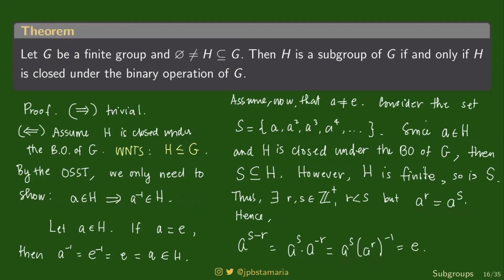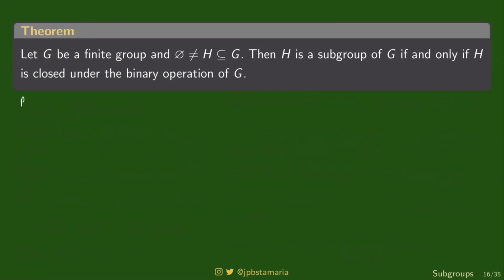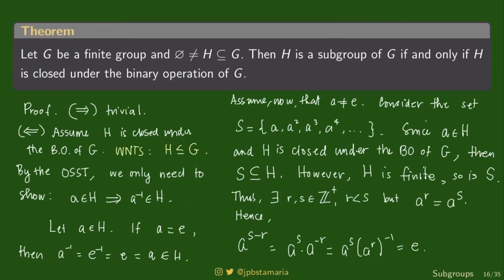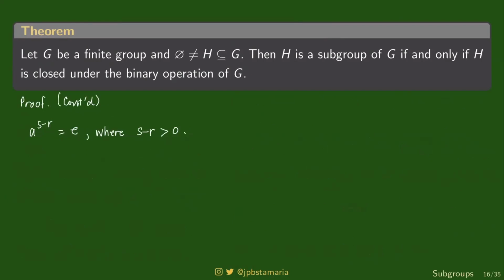Erase ko lang to. Alright, nasa na tayo? And continued. So, ang napatunayan natin, A to the S minus R is E. Ibig sabihin, si S minus R, di ba positive? Di ba kasi si R ay less than S, so ang S minus R ay positive. So, this is what we get.